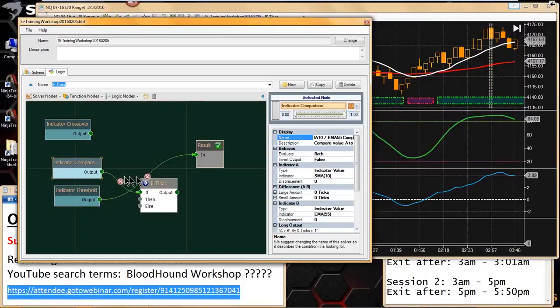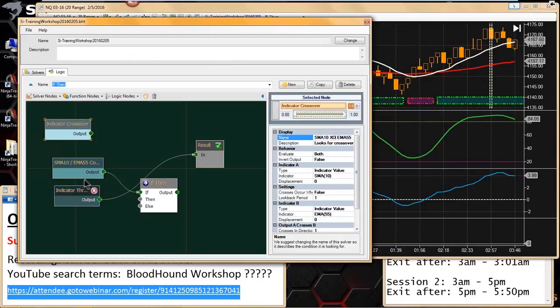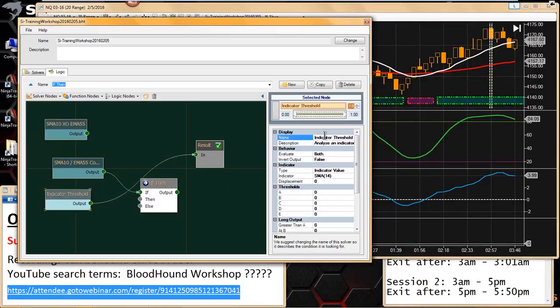Let me just name these guys here. So I'm going to use this threshold solver and just generate some basic signals from the stochastics.